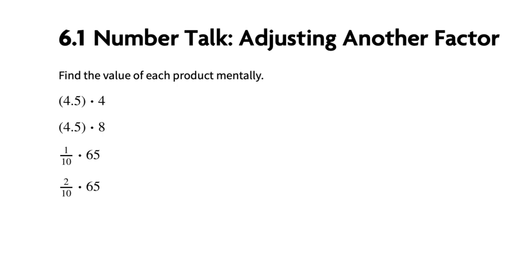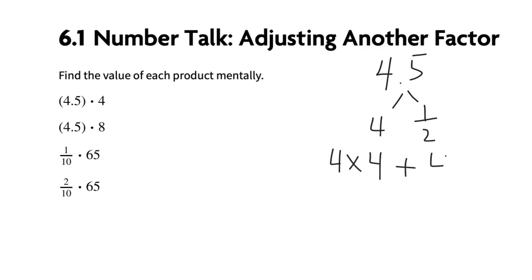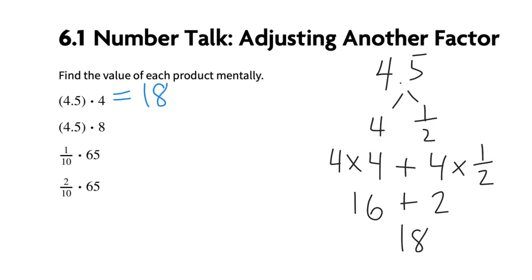If we think about 4 times 4.5, that's really 4 times 4 plus 4 times a half, which is really 16 plus 2, which is 18. So we can think of this as 18.